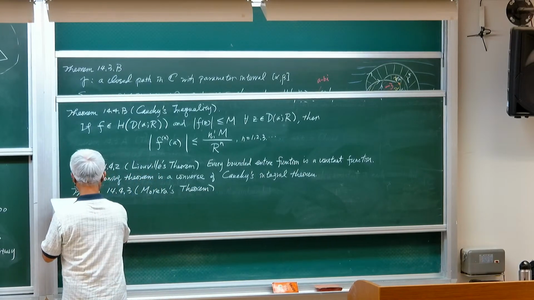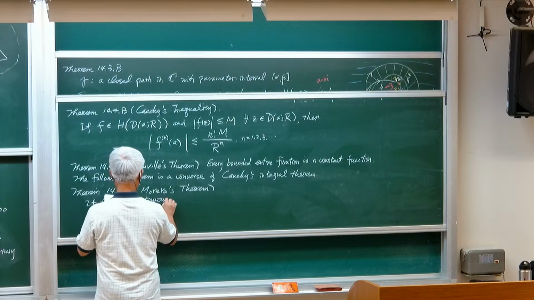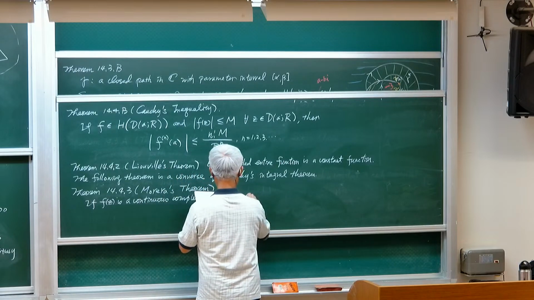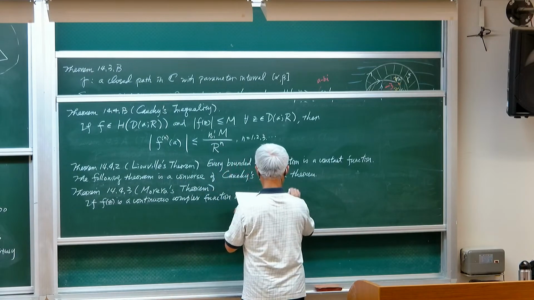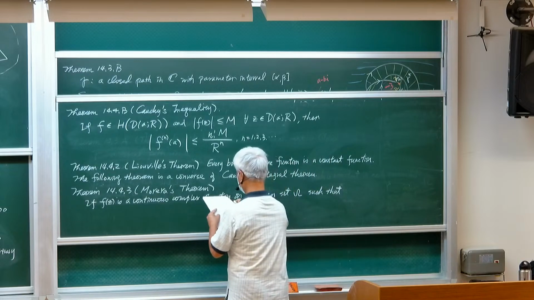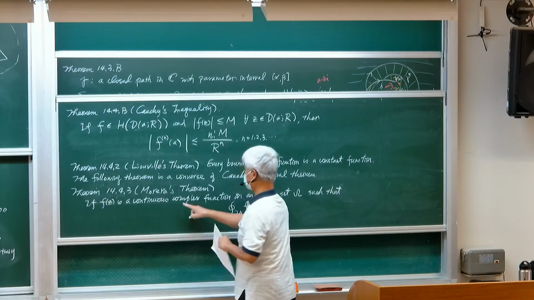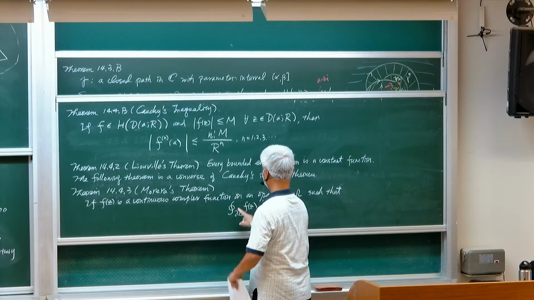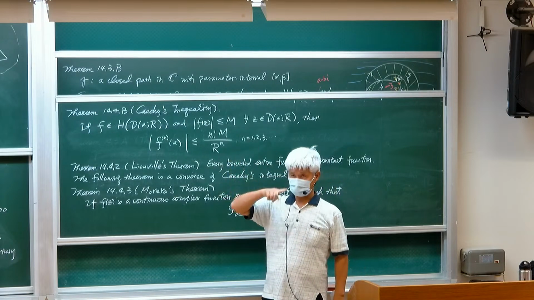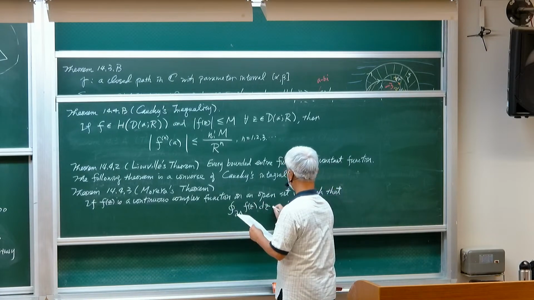If f(z) is a continuous complex function on an open set omega such that, if we integrate this continuous complex function over the boundary of a triangle, which must be a closed path, this is equal to 0.